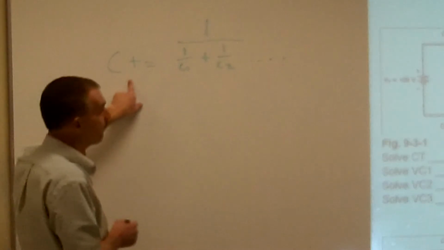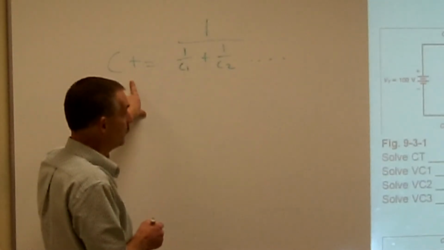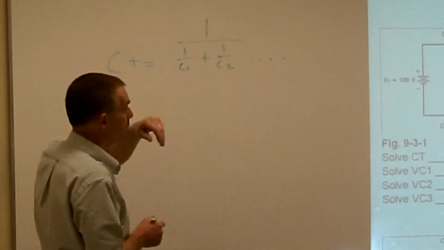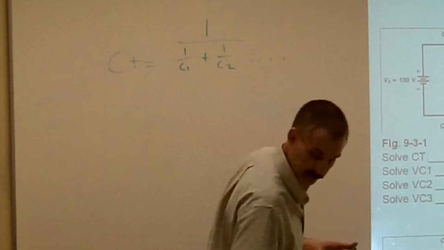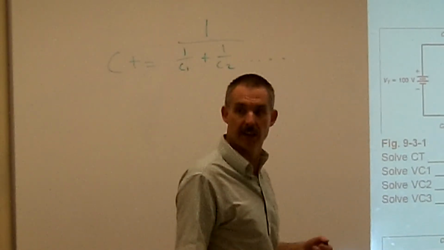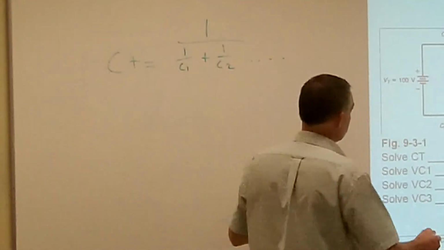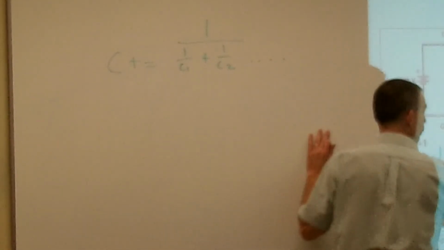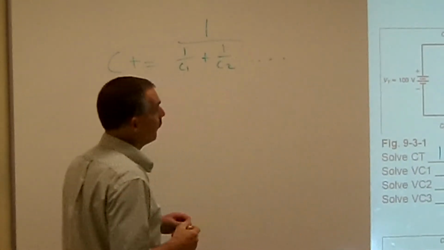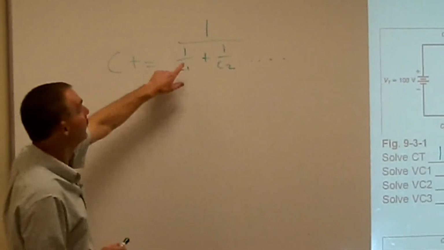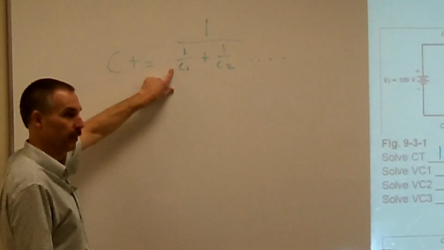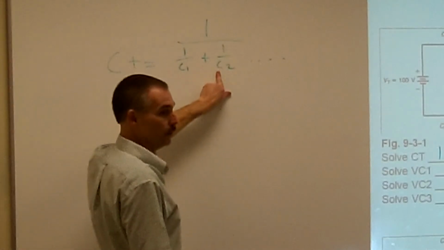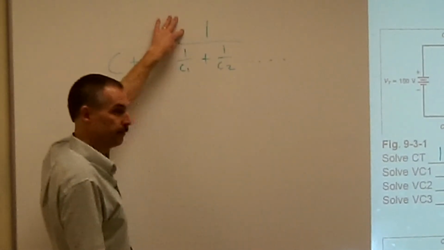I got 1.5 microfarads. You've got to invert your number. So take C1, do the inverse. Make sure you take the inverse of C1 plus the inverse of C2, hit your equal sign, and then do the inverse.